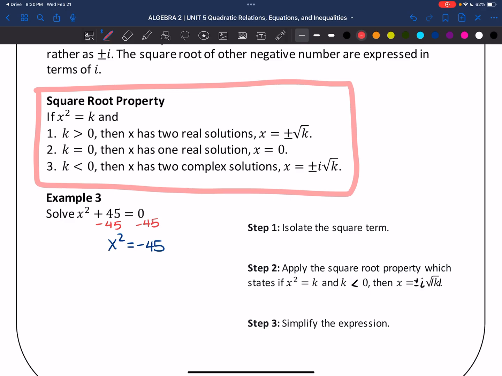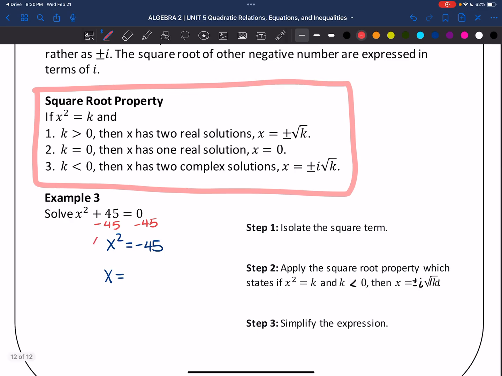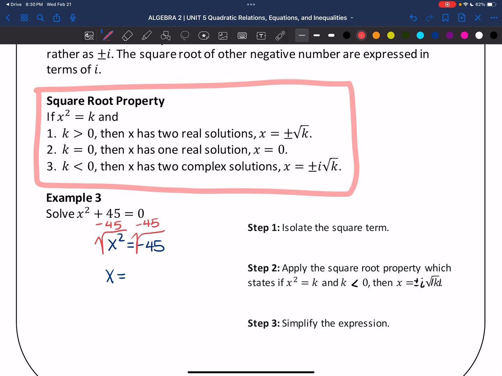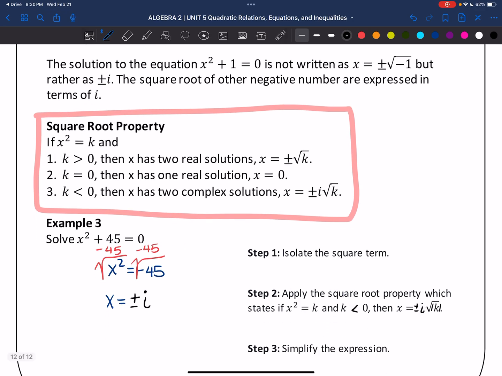I'm going to have x equal to, taking the square root of each side, both the positive and negative. Because it's negative, I'm going to implement the imaginary unit i, and then the square root of the k value, that constant, 45. That's the absolute value of that radicand.